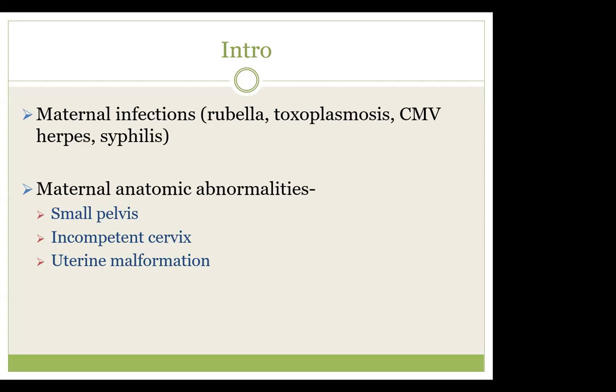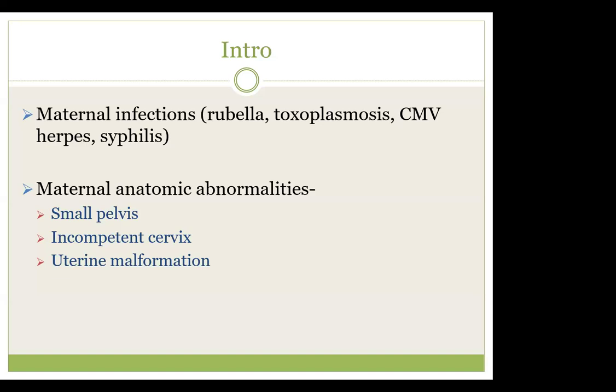What they do with patients that they know have an incompetent cervix is they will do what's called a cerclage. And basically they are using a purse string suture to sew the cervix shut. And then when it's close to delivery time, they will cut that purse string and allow dilation to occur. So they can basically sew it shut, not completely, but they can treat an incompetent cervix if they know that patient has that history.